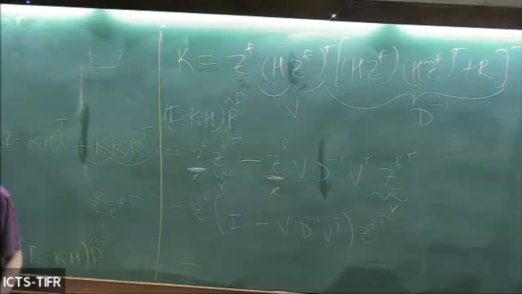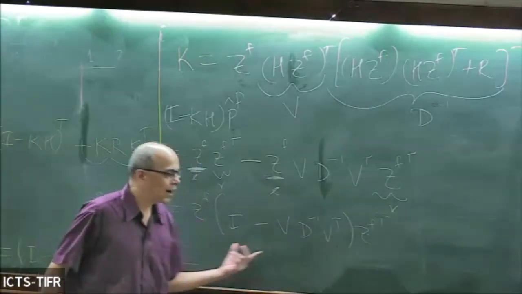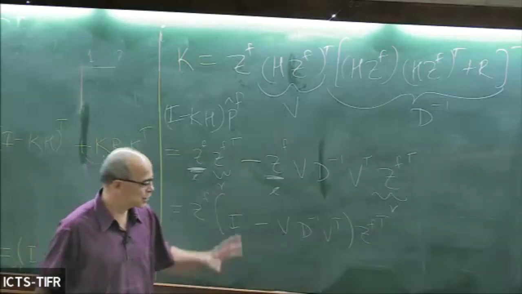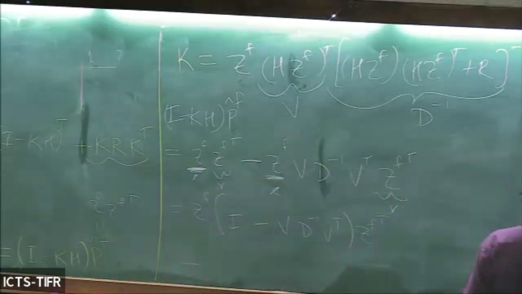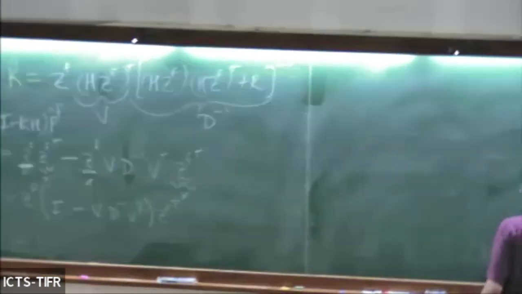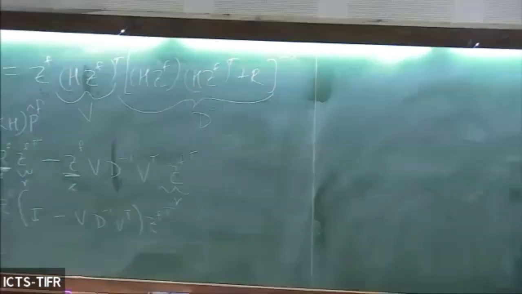And now I want to try to deal with this object, which is where the Sherman-Morrison-Woodbury formula comes in. So that's the non-trivial step basically. The rest follows by straightforward algebra. So the only non-trivial step is the Sherman-Morrison-Woodbury formula.